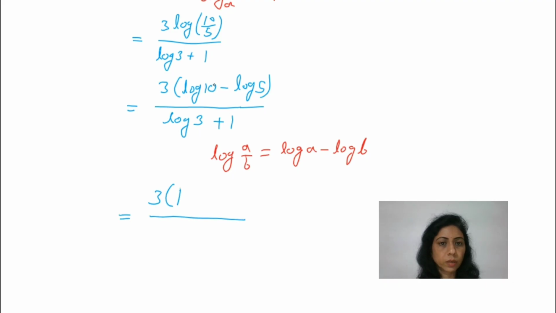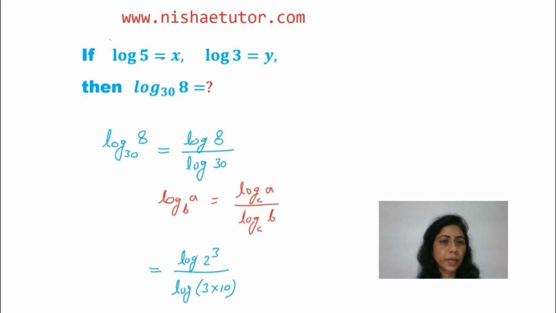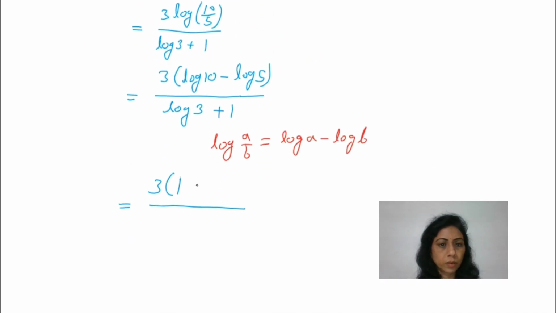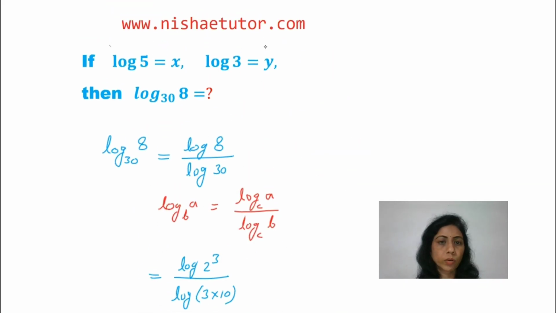Okay, this one. And log 5 value x, we can put x. Okay, this one. Log 3 value is y.